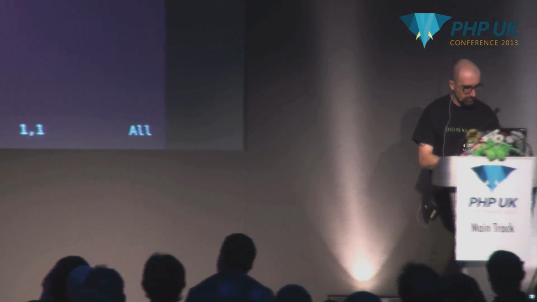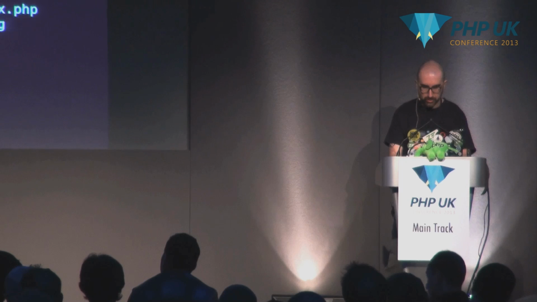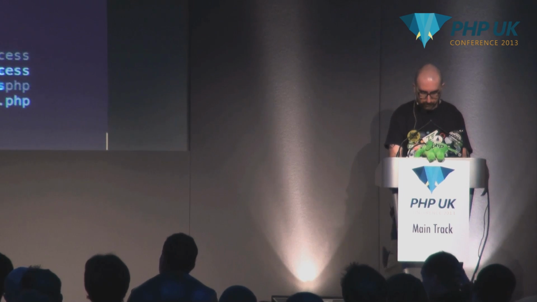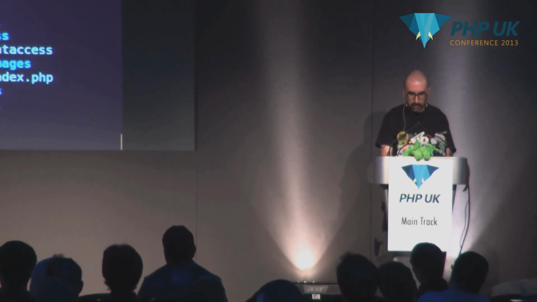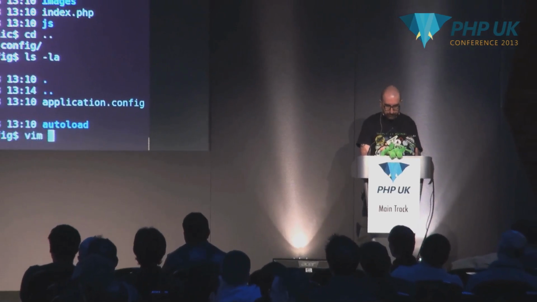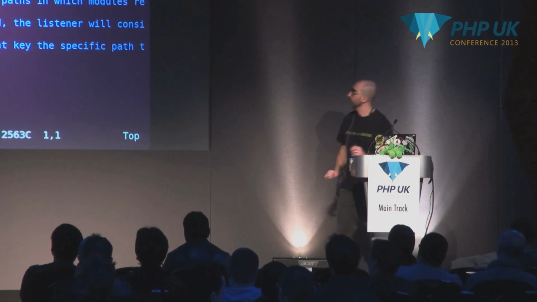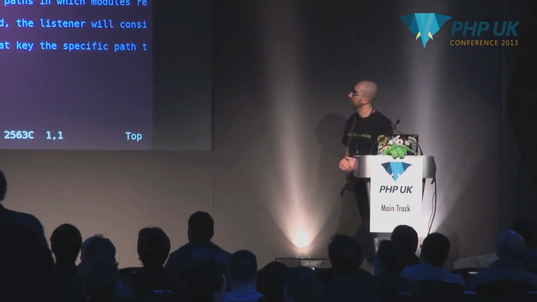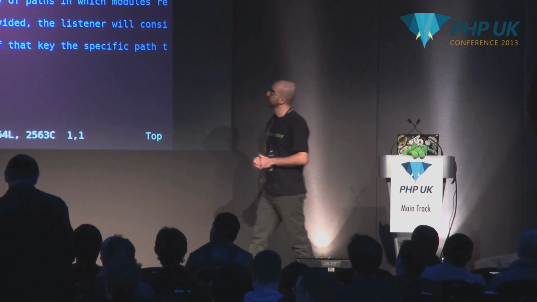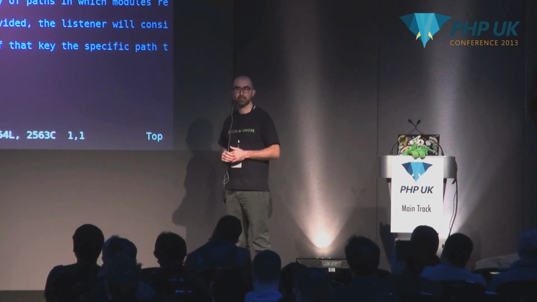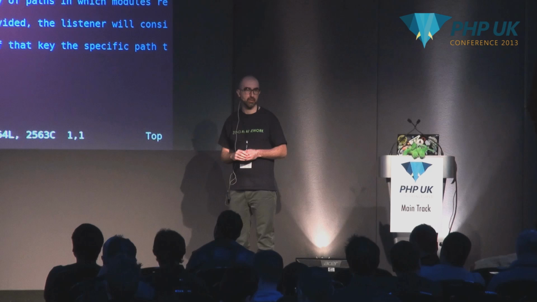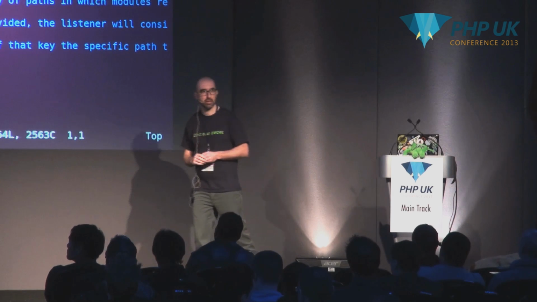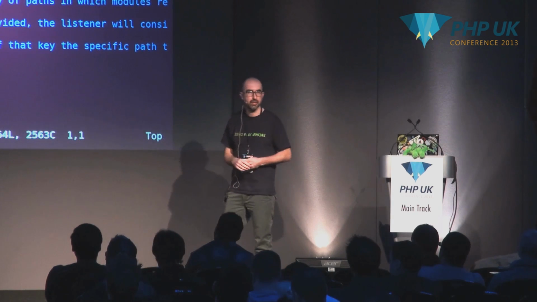If I jump to this file, just to show you, this is the configuration file. As you can see, we manage everything in the configuration file using a PHP array. So we don't use XML files, INI, YAML.